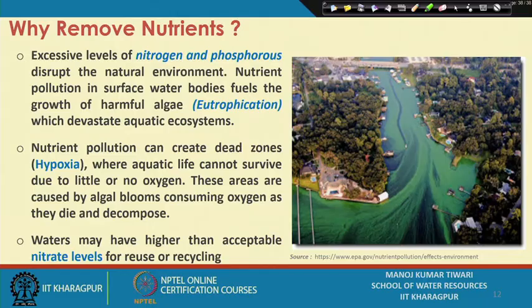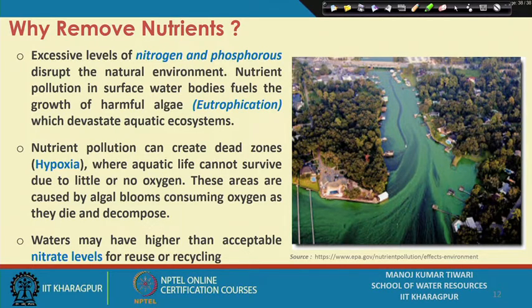Excessive nutrients like nitrogen and phosphorus, that is what we normally refer to as nutrients, disrupt the natural environment. Nutrient pollution in surface water bodies fuels the growth of harmful algae, which is typically known as algal bloom, or the more common word, eutrophication.